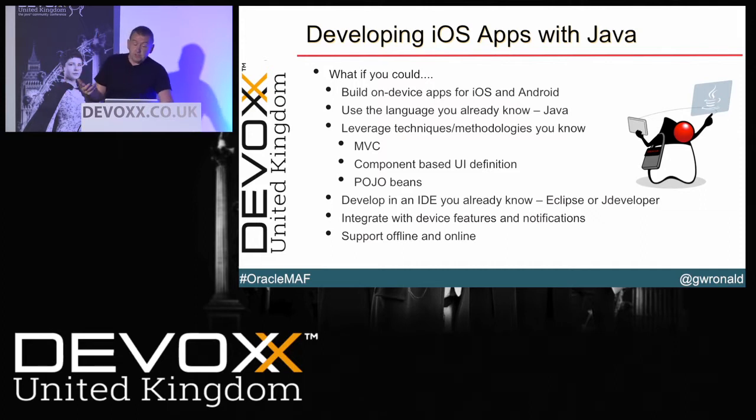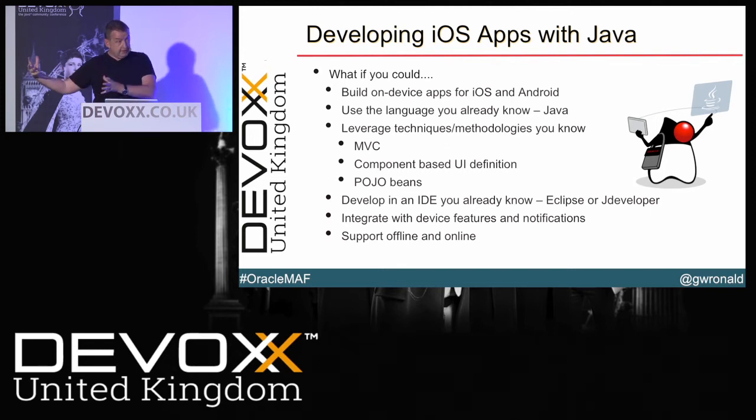Leveraging the same language that you know, the same architecture, the same design steps and building blocks, MVC, component-based, POJOs, etc., then that suddenly takes your skills from maybe server-side or web developer to becoming a mobile developer. And that's something we've been trying to do within Oracle, because we have many of the same problems ourselves.